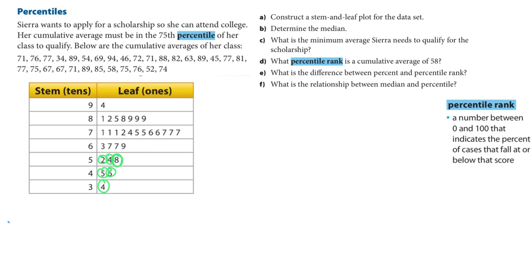So to find the percentile rank, we do 6 out of 30 total cases. That will give us a decimal, which is 0.2. And what is 0.2 as a percent?